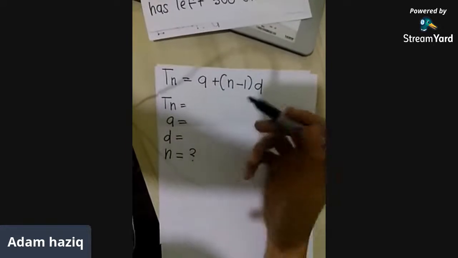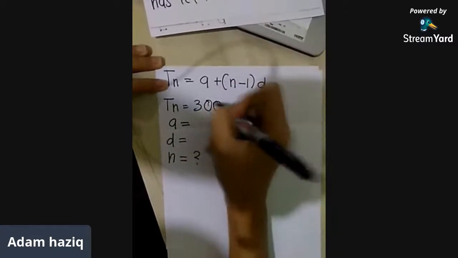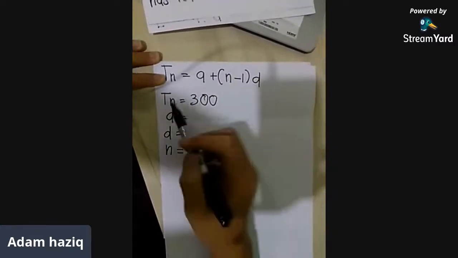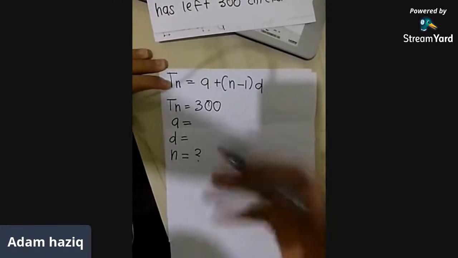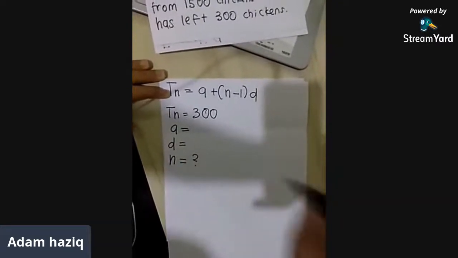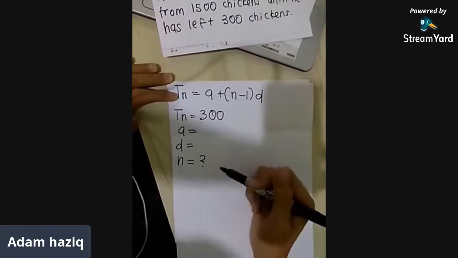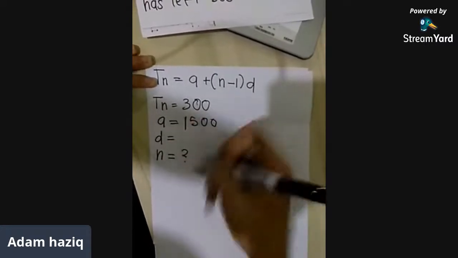Now, I will substitute the information given from the statement in these symbols. So T_n would be 300. Why? Because we need to find 300 is the nth term of what number, in order to find the day that he has only 300 chickens left. Next is a. a will be 1,500 chickens. Why?